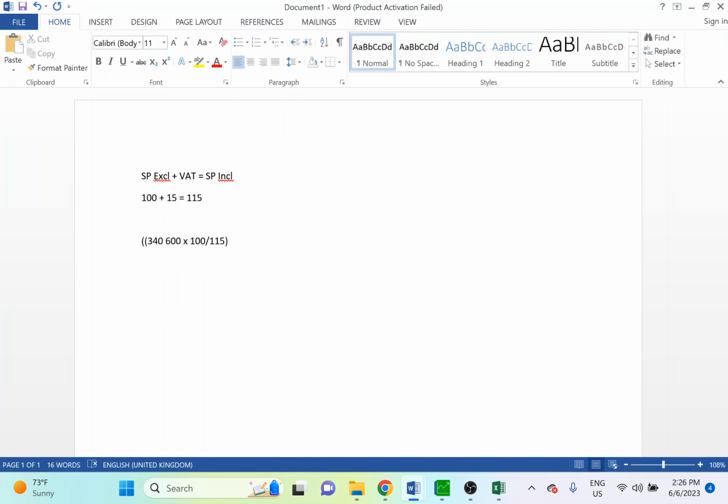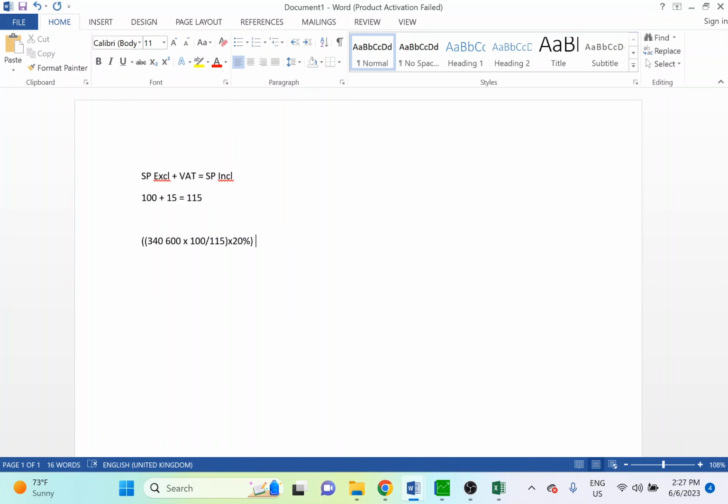So inside the inner brackets, we're converting the amount from selling price inclusive to selling price exclusive. Now times this amount, now we're looking for depreciation, times our depreciation is 20%, then close the second bracket.